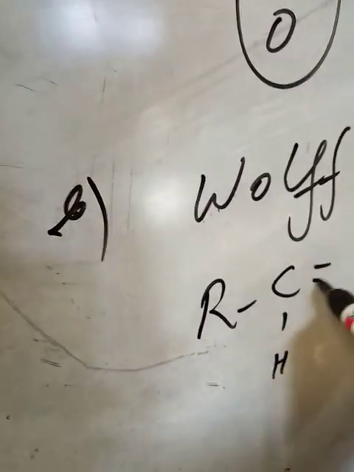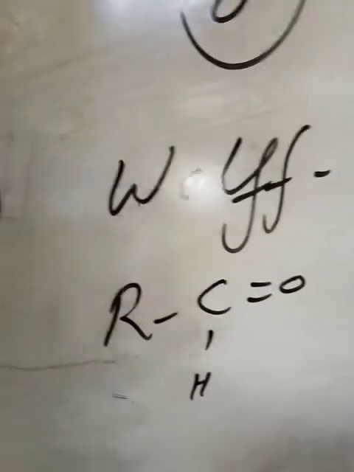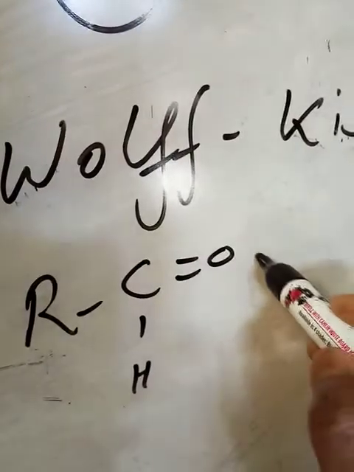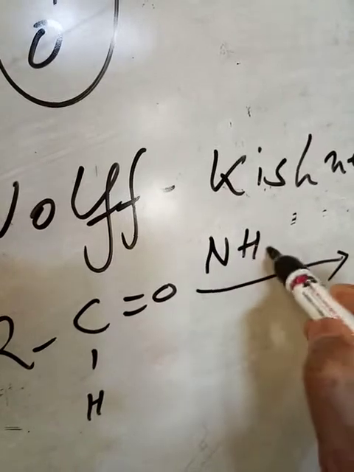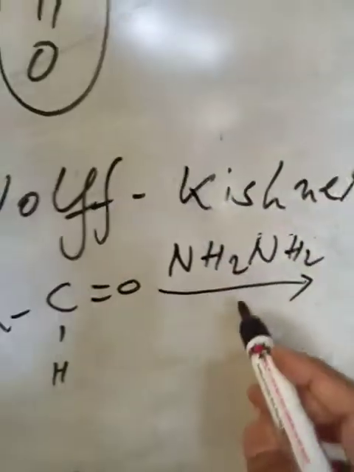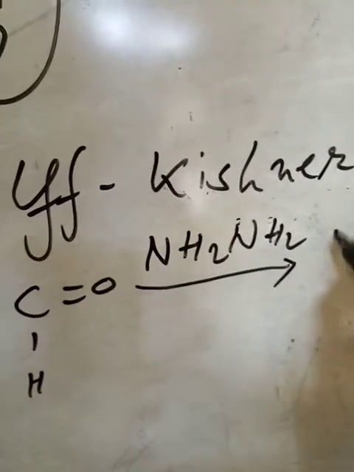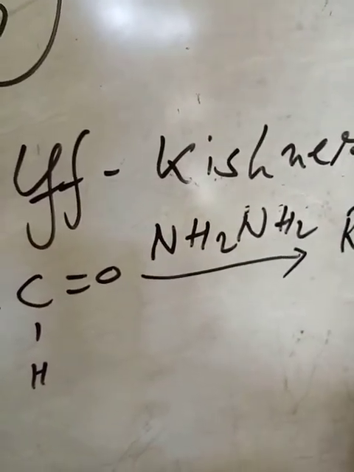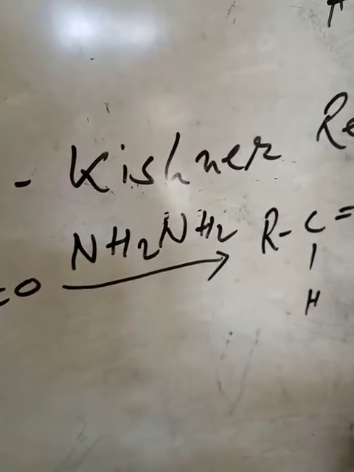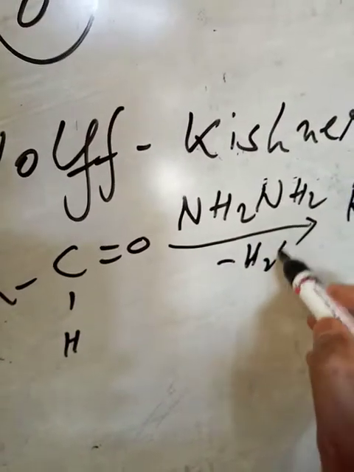If you take an aldehyde, this is a general aldehyde, maybe formaldehyde, acetaldehyde, propanaldehyde, etc. At first, it is converted to hydrazone by reacting with hydrazine. We have done this in earlier classes. This is hydrazine. This will form hydrazone. This is hydrazone. One molecule of water will be eliminated.